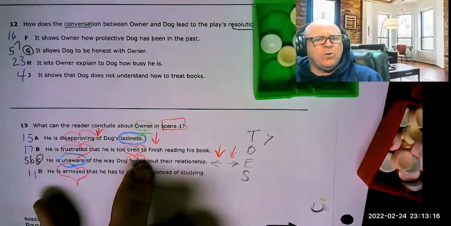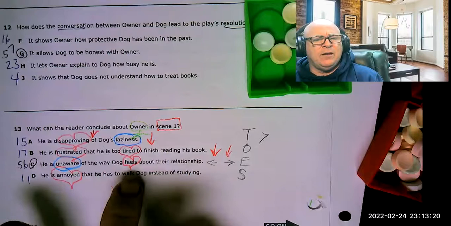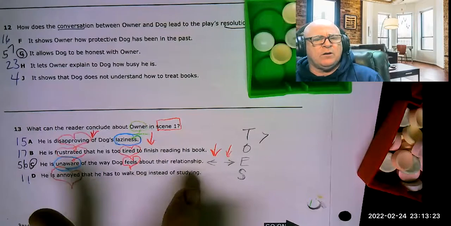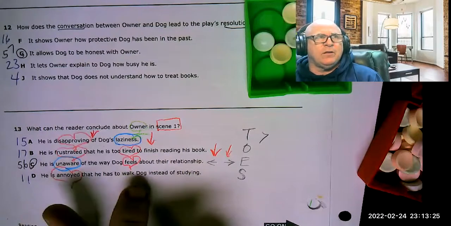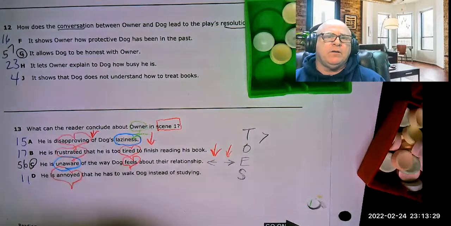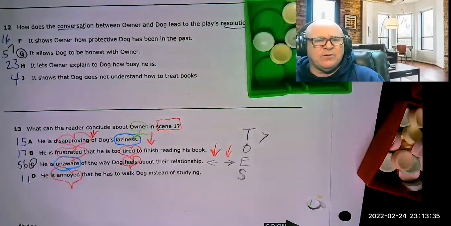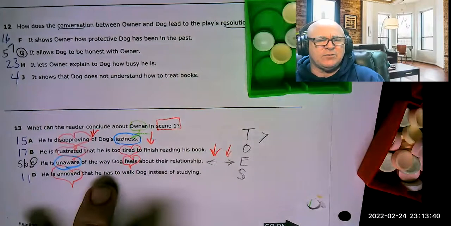Annoyed that he has to walk the dog instead of studying? At no point did he get upset about having to walk the dog, just probably annoyed that maybe the dog is spoiled or something, but nothing in there would have led to that. And it was interesting that that was the one chosen by the least amount of students.